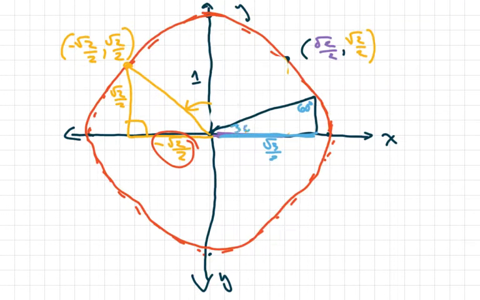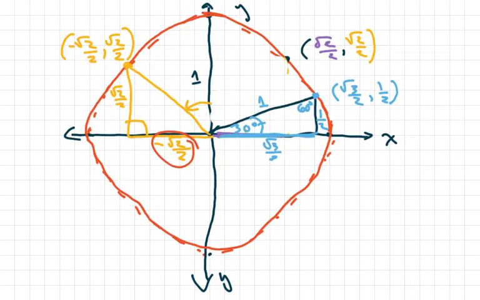Now this is the angle we're looking for, the 30 degrees here. And the side across from that equals 1/2, with my radius being 1. So the coordinate here is going to be my x is square root of 3 over 2, and my y is 1/2.